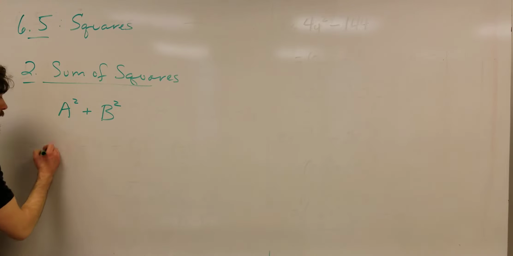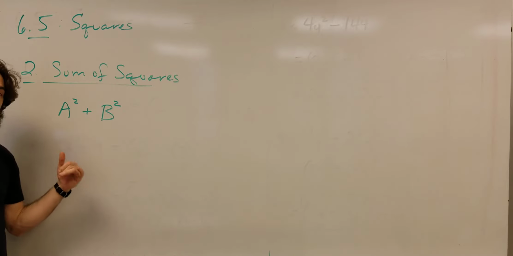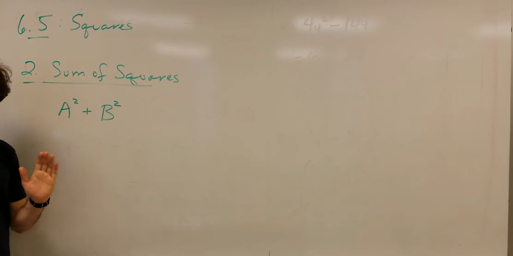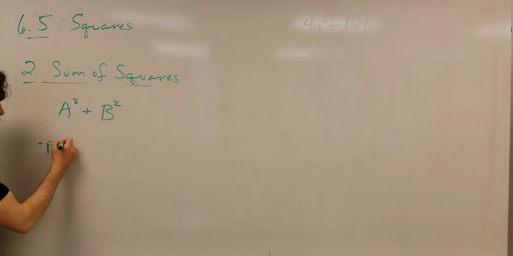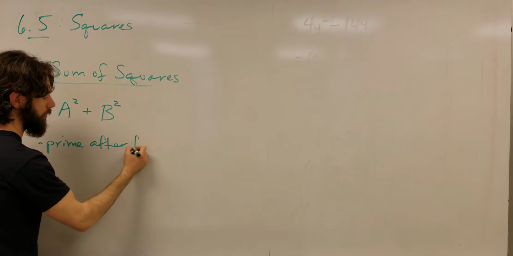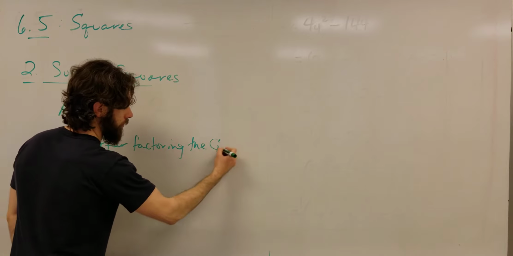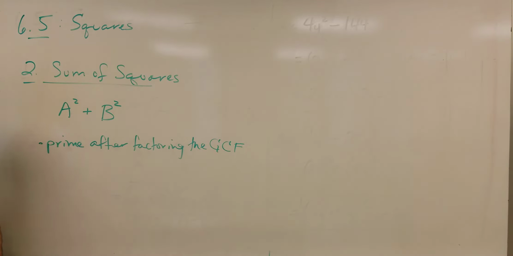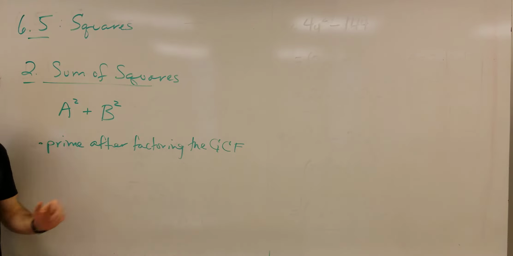So it is, I will say, prime. You may have a GCF in there, but after you get that out, it's going to be unfactorable, which means you're actually done. It's actually the easiest one to do. So prime after factoring the GCF. So do look for a GCF of terms, but once you get that out, if it's just something squared plus something squared, it's done. There's no more factoring.